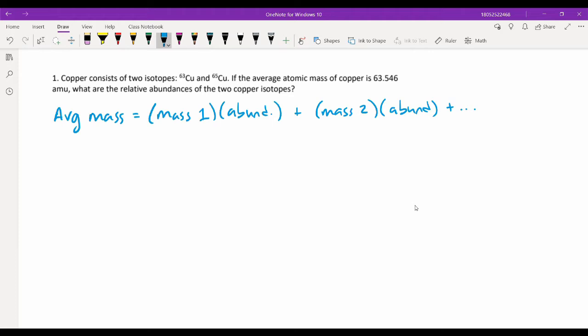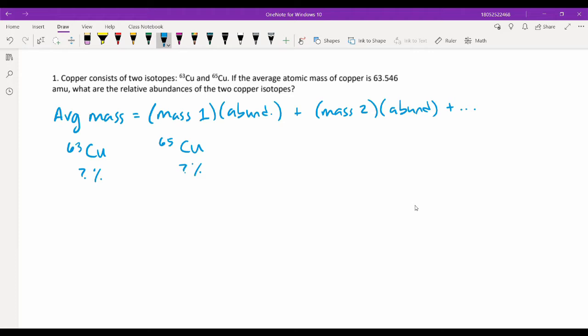So in this problem, we have two isotopes of copper, copper 63 and copper 65. And we don't know the abundance. We don't know what percent of each of them exists in nature. That's what we're going to try to figure out.